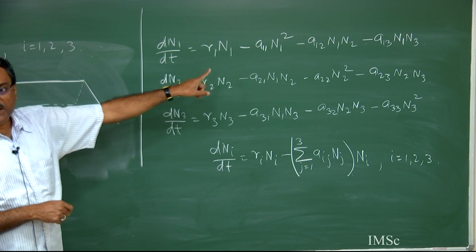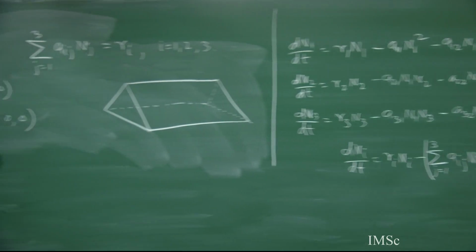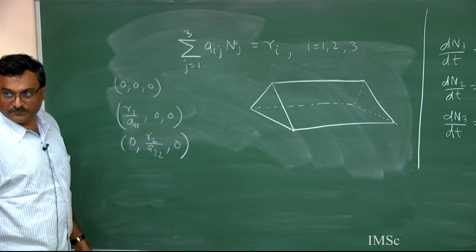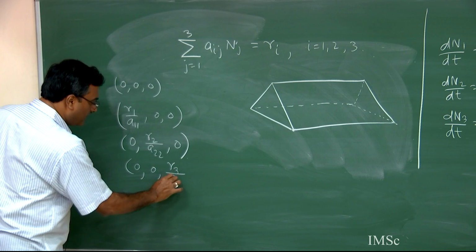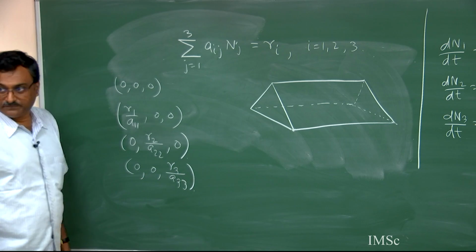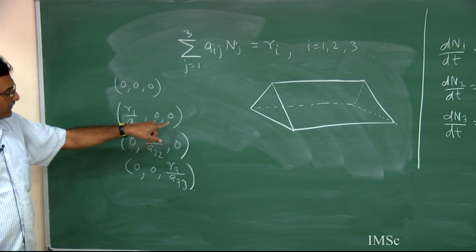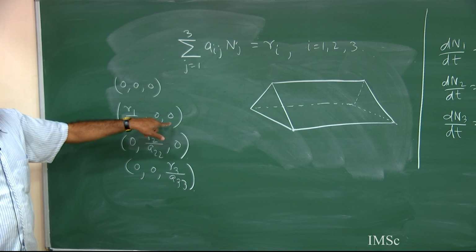So equilibrium points of the form R1/A11, 0, 0; similarly 0, R2/A22, 0; and one more equilibrium point 0, 0, R3/A33. These are equilibrium points where 2 competitive species go to extinction at a time.